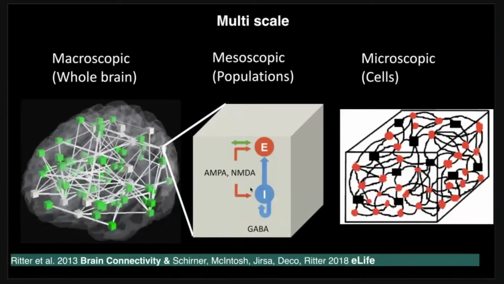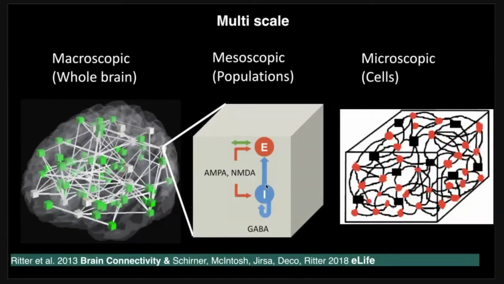As I said already, we are not typically simulating detailed networks of neurons, but population activity, as you can see here in the middle. Parameters from the cellular or microscopic level are averaged across the entire population.